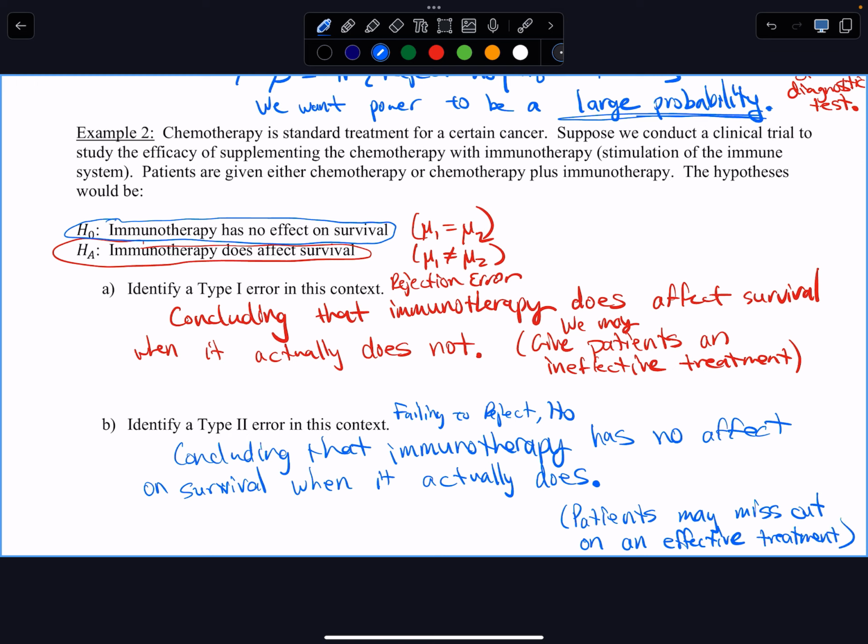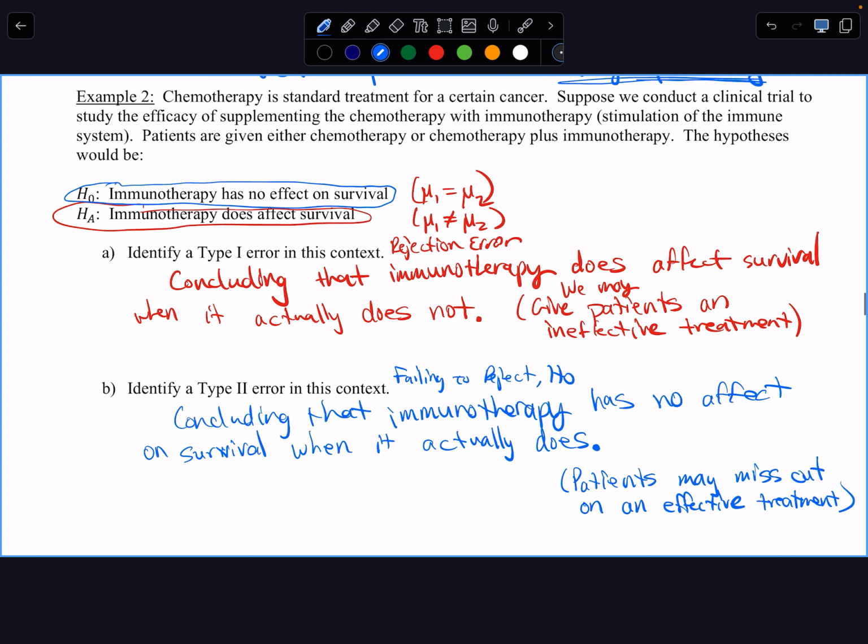So we don't want to make that mistake either. But that might be less detrimental than this one here. Giving them something that they think is going to be effective and it's not going to do anything for them can highly impact survival. This one may impact survival, but you might say, okay, well, let's try some other treatment.